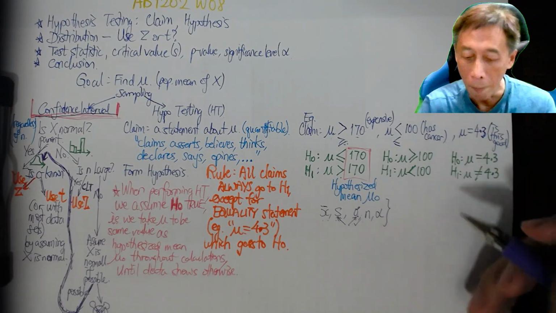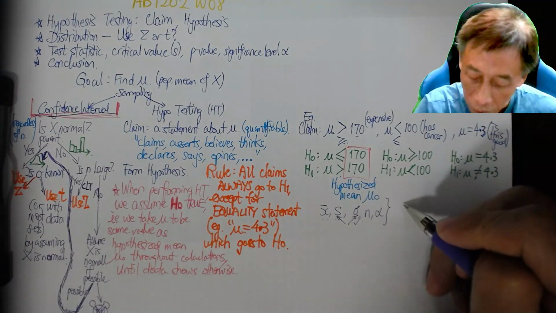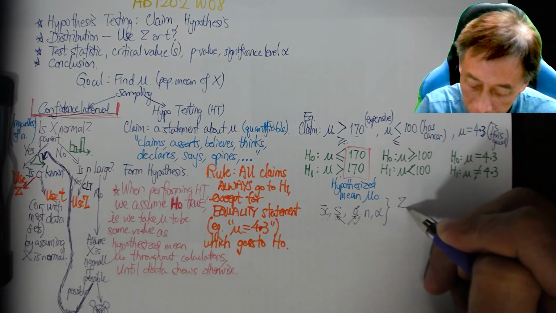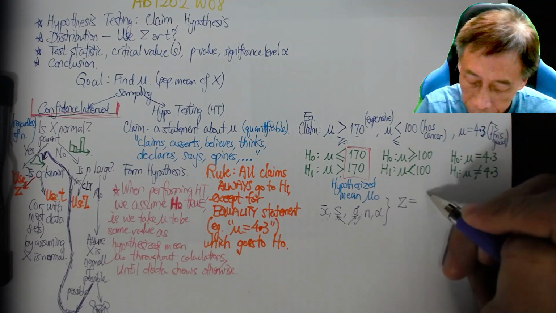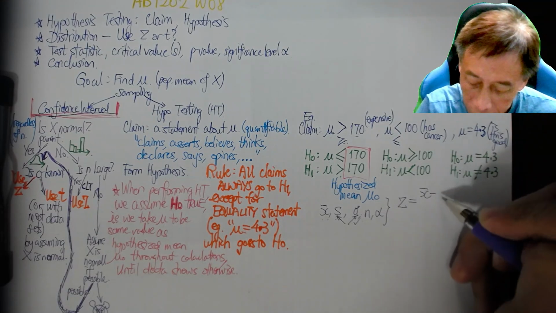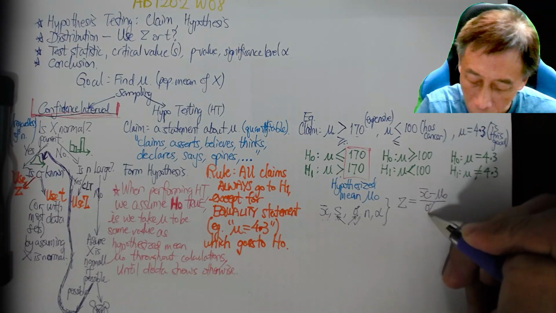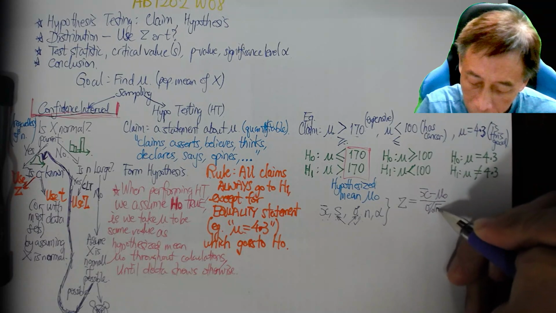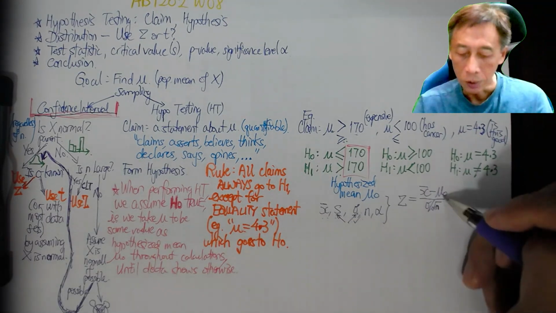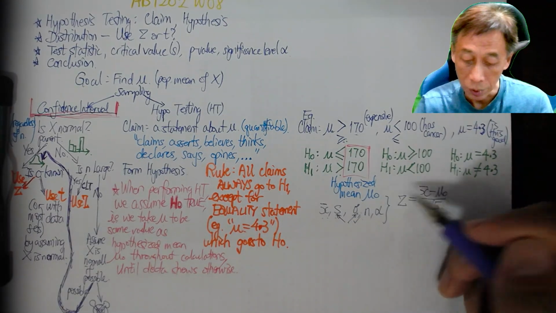So we'll combine these to either Z or T. Z is X bar minus mu naught over sigma over square root n. Okay, so this mu naught is this mu naught.